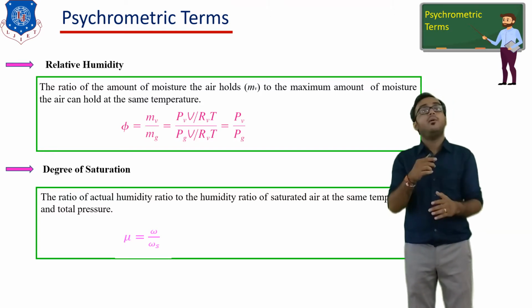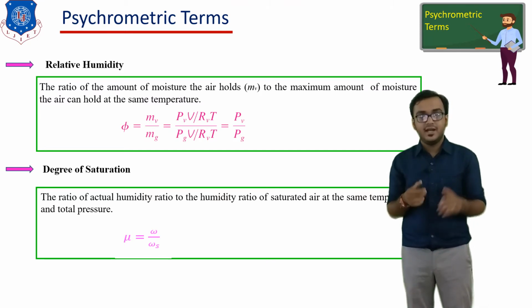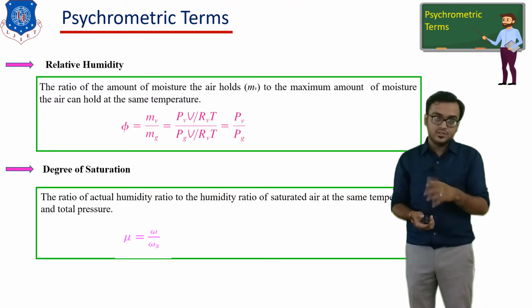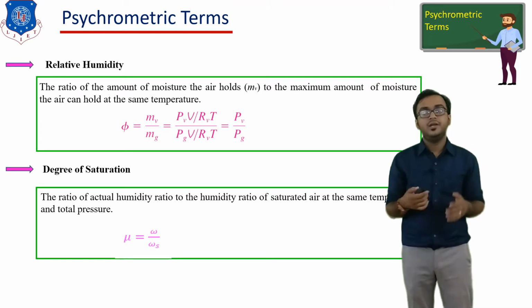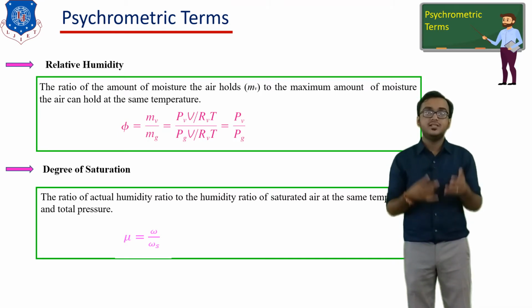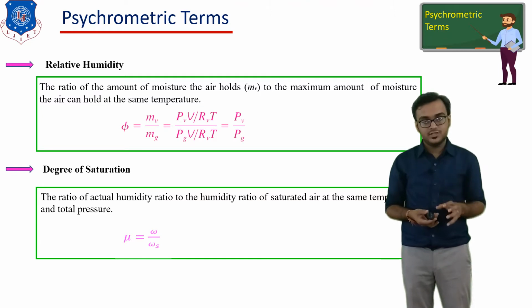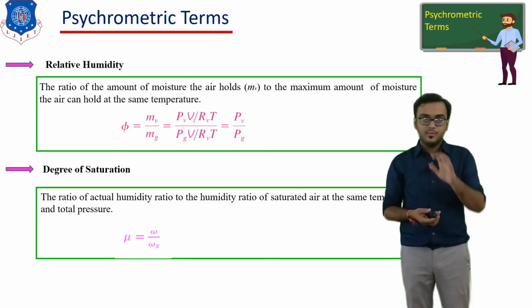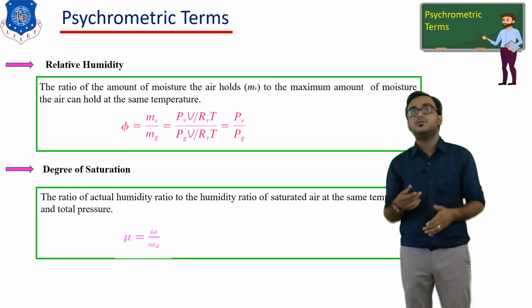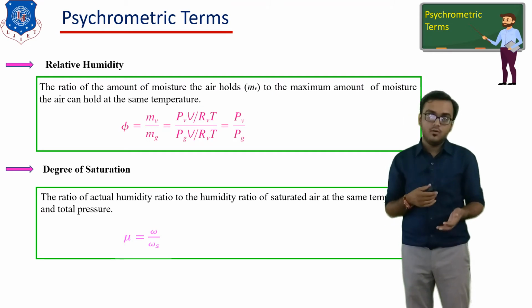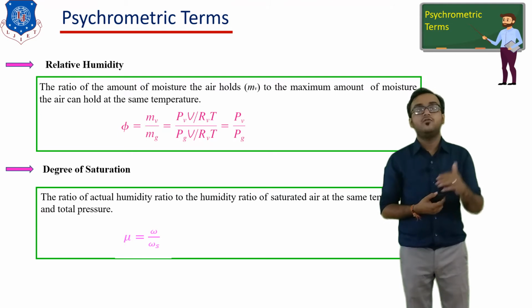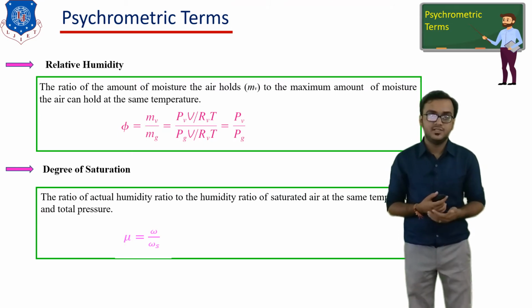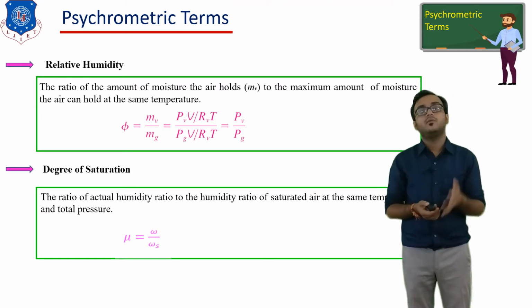So the main difference is that the degree of saturation defines the maximum moisture holding capacity per kg of air, with respect to mass, while relative humidity defines the maximum moisture holding capacity for a given volume of air.